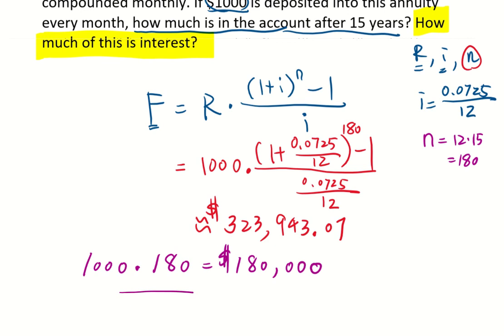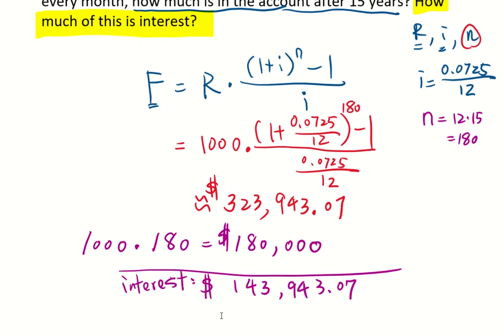And the interest will be the difference of these two numbers, which is $143,943.07. And this is the end of this video.